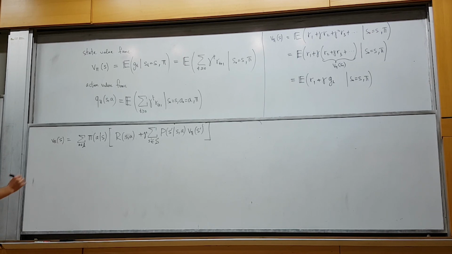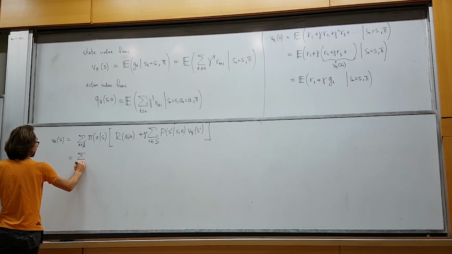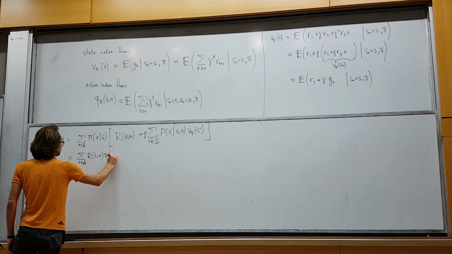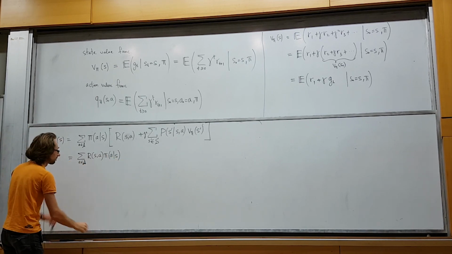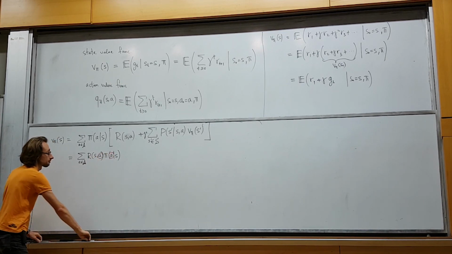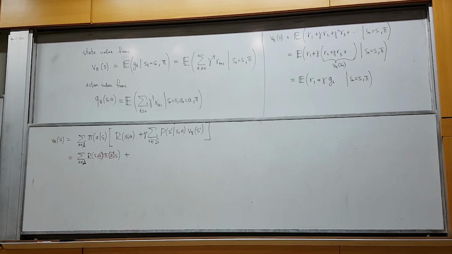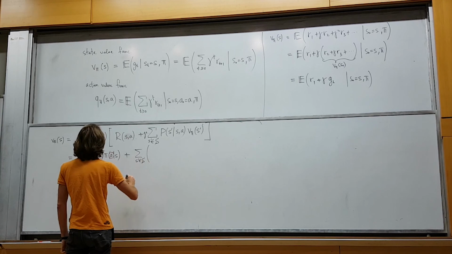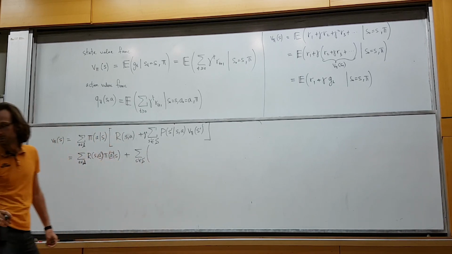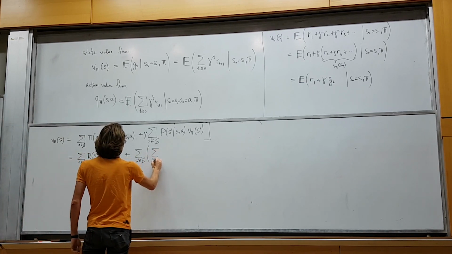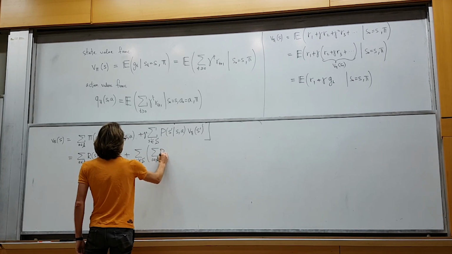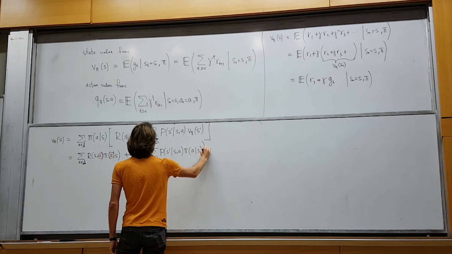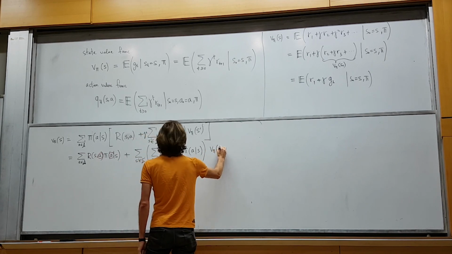Okay, so let me write it like this: sum over A of R(S, A) times pi(A given S), where the sum is over this variable A. Plus, sum over S prime in S, sum over A in A, of P(S prime given S, A) times pi(A given S) times V pi of S prime.